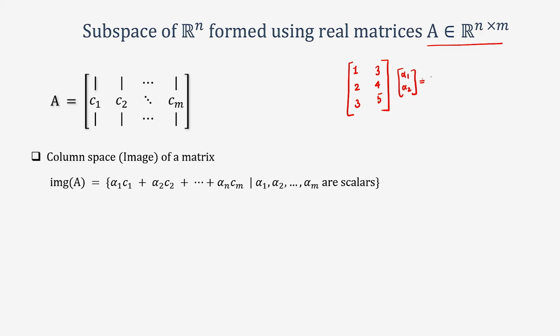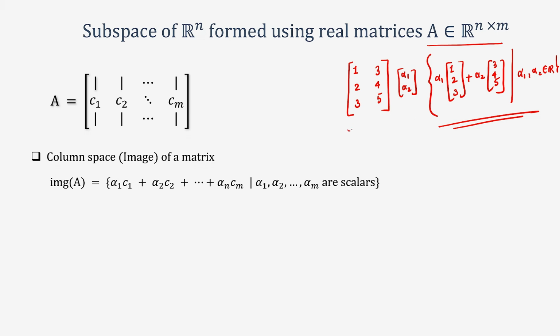So, basically if I take alpha 1, alpha 2, then this is nothing but alpha 1 into 1, 2, 3 plus alpha 2 into 3, 4, 5, right, this is this. So, this set will be called the linear combination of the columns of the A matrix here, and this set is nothing but the image of the A matrix here.